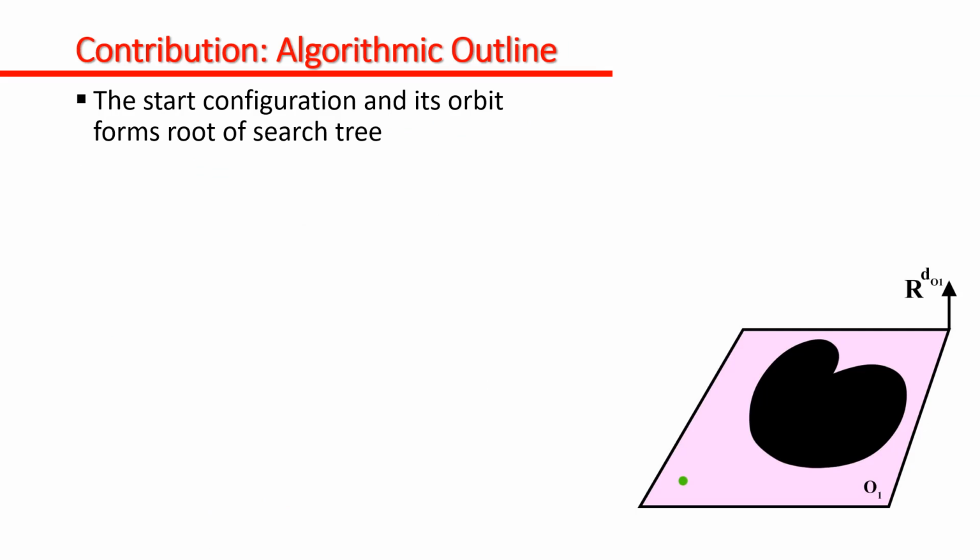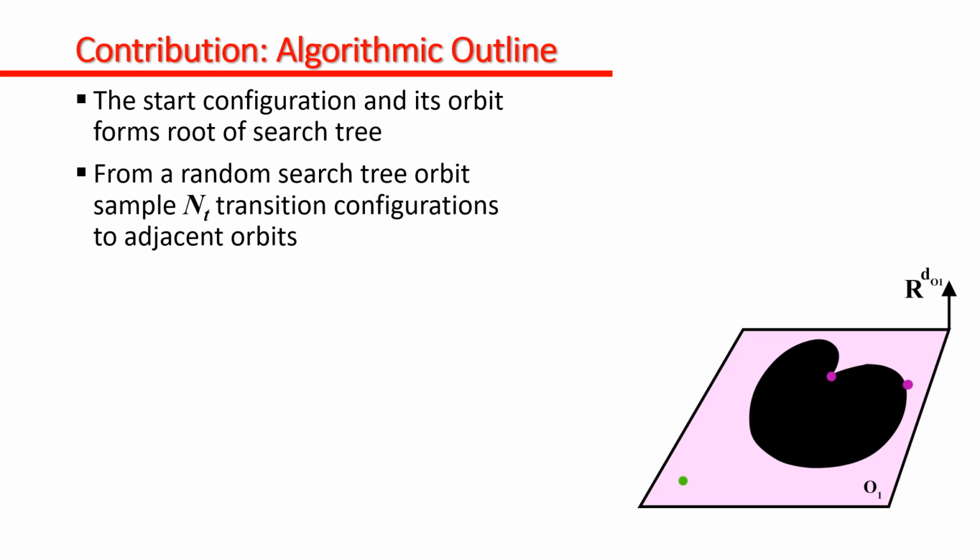So the first thing we do as a contribution is to find the common features of the different ways people have devised task and motion planning algorithms that allow us to argue asymptotic optimality. So we begin from a start configuration and the orbit it belongs to and add it to a search tree over orbits.